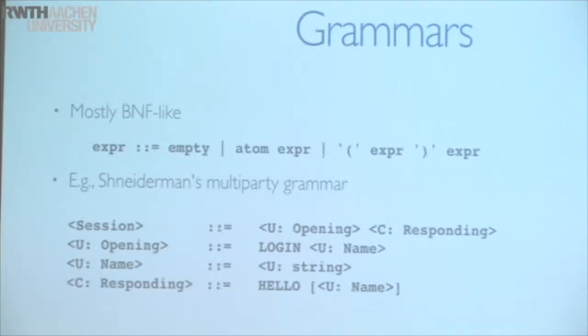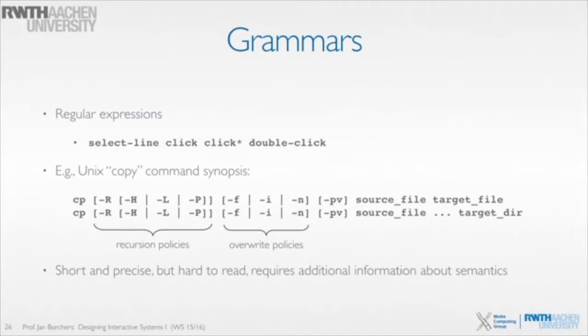Schneiderman calls this a multi-party grammar. Ben Schneiderman, by the way, is also the author of a very successful, influential textbook, Designing the User Interface, I think, DTUI. That's also a book that's definitely worth taking a look at.